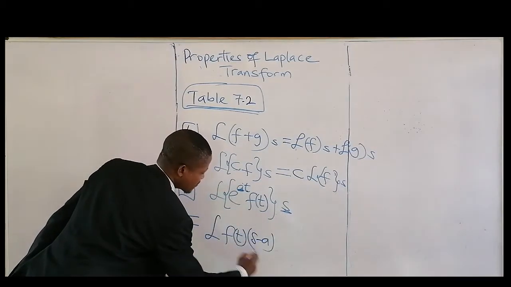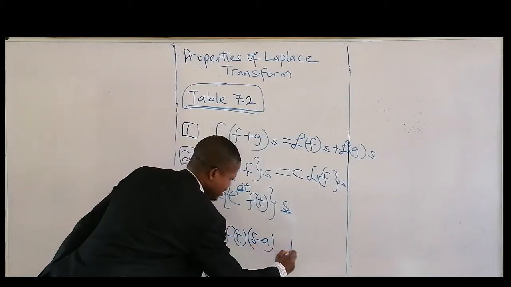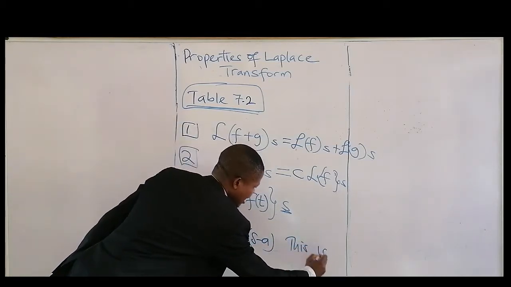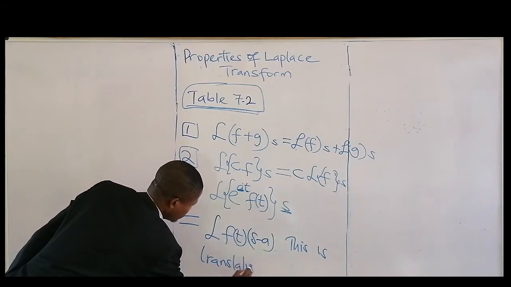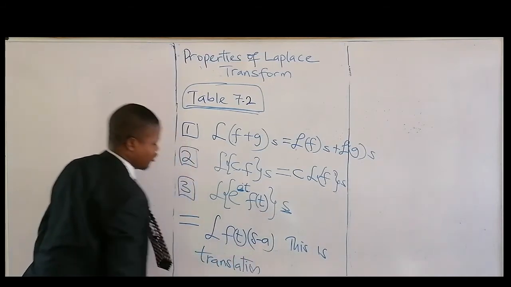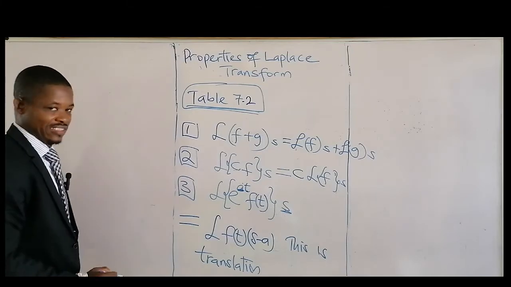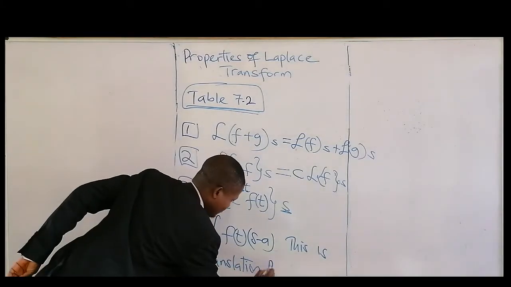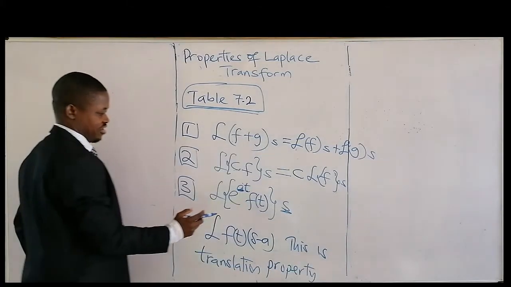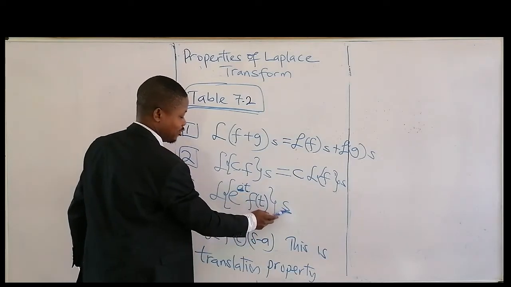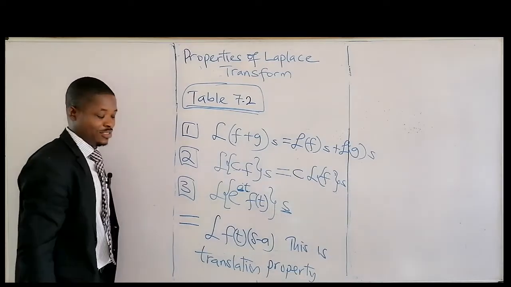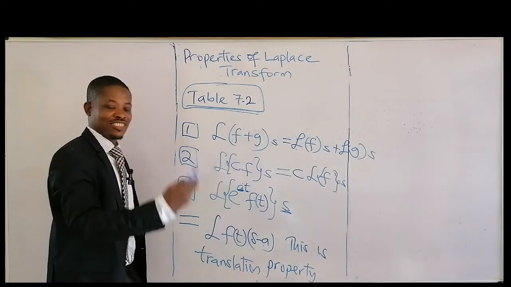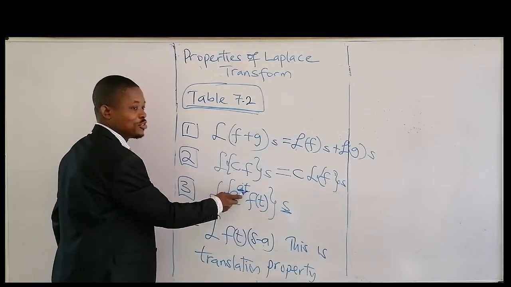This property is called the translation property. The observation is that your s domain is now changing to the s minus a domain. Your a is a constant, the attachment to your t.